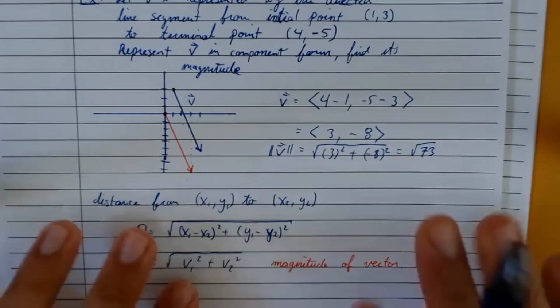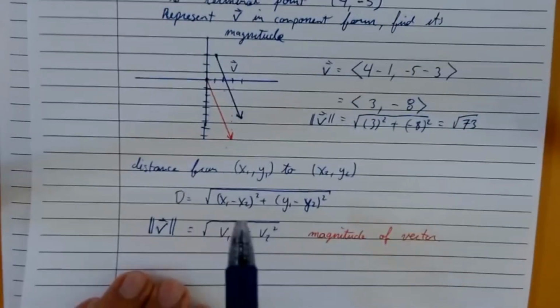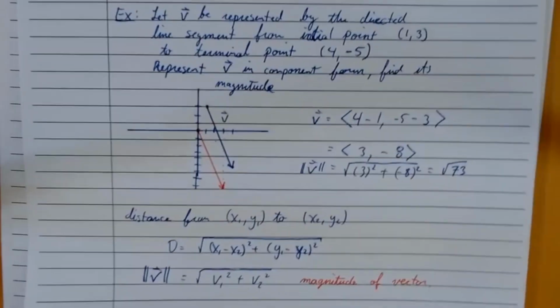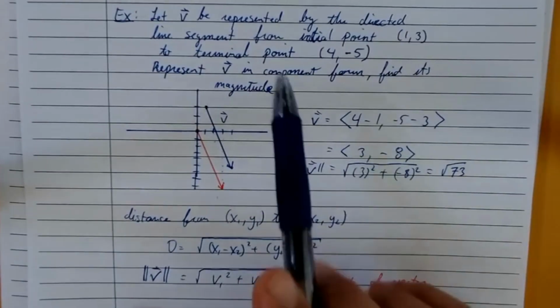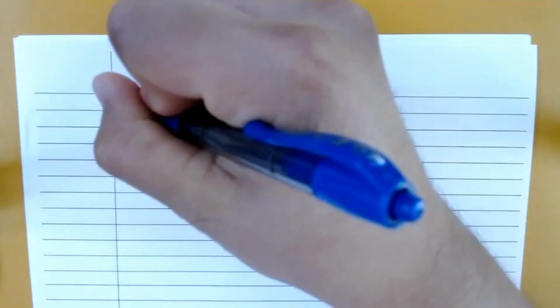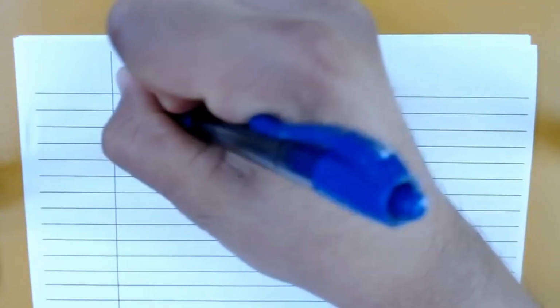All right. Now that we have a concept of a vector and some of the definitions of our vocabulary, let's be a little more formal about things. So, definition.